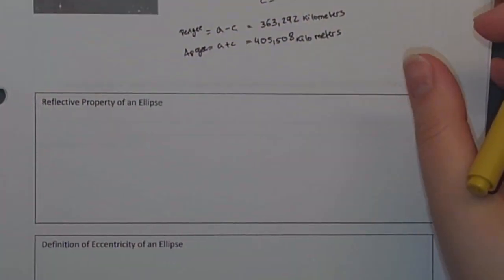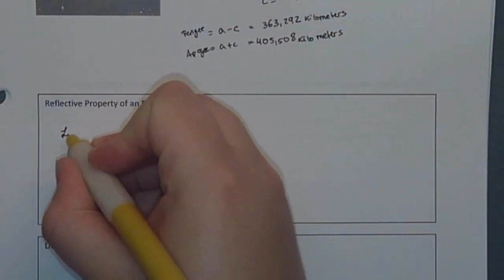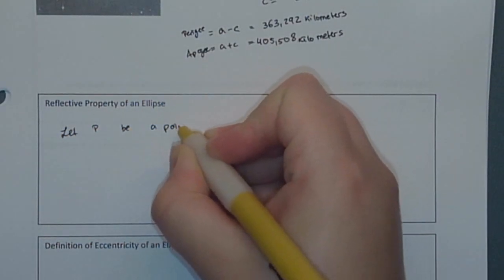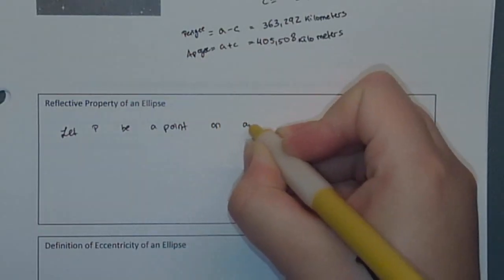Alright, so we have a reflective property of an ellipse. So for this one, we let P be a point on an ellipse.